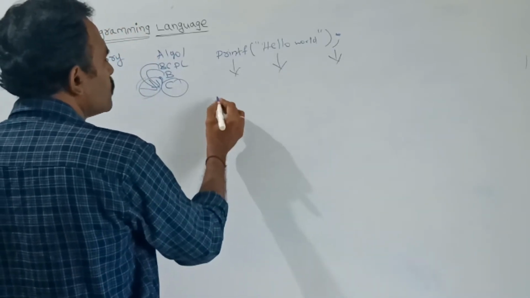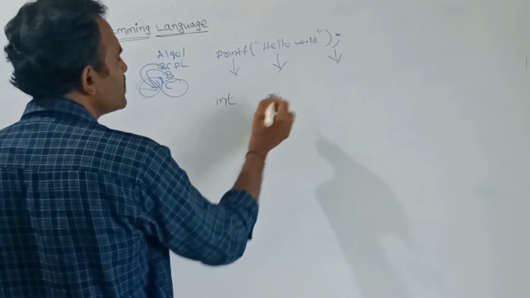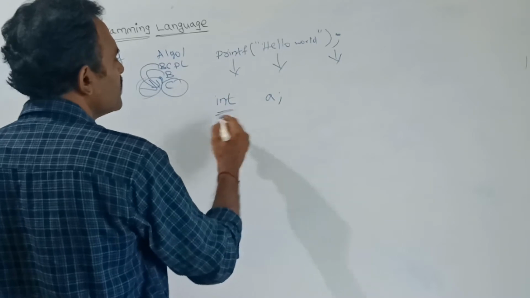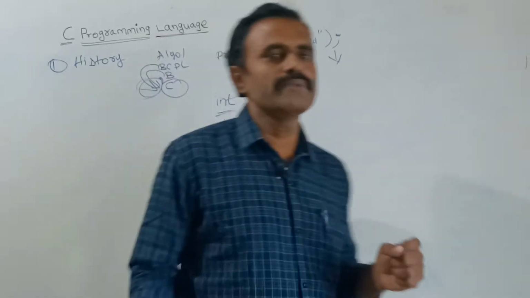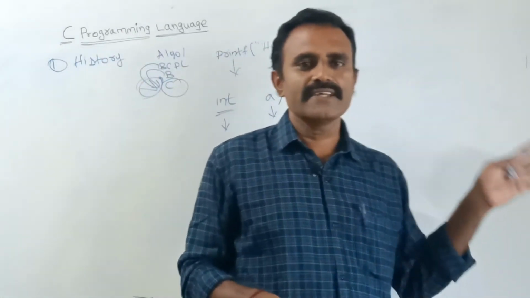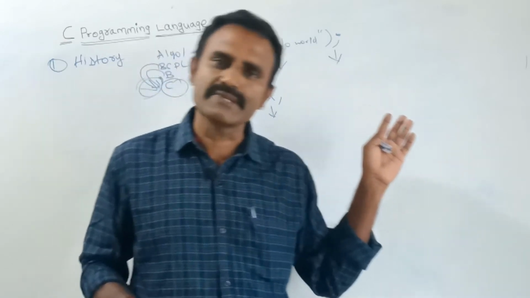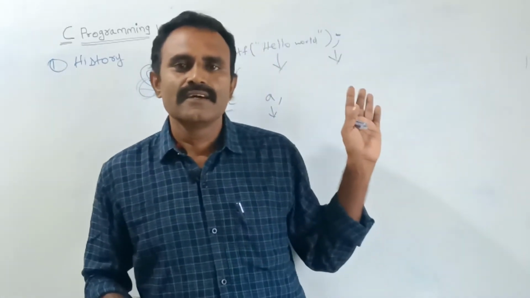Suppose I need to store a value, I can declare it like this: int a. Here int is a token, and a is another token. The token may be a variable, a constant, a message, a function, or the semicolon; each and everything is a token.